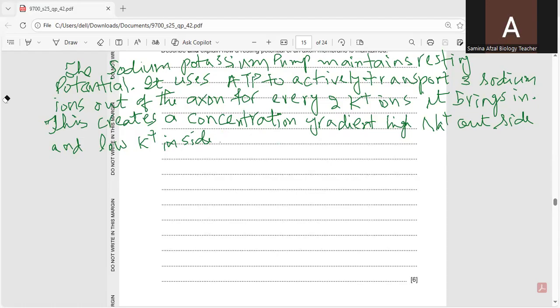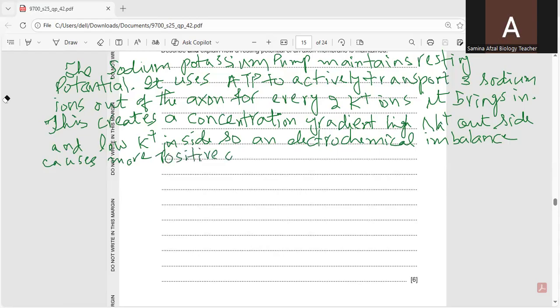This electrochemical imbalance causes more positive charges to leave than enter.